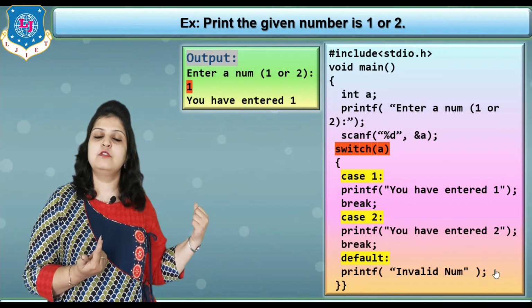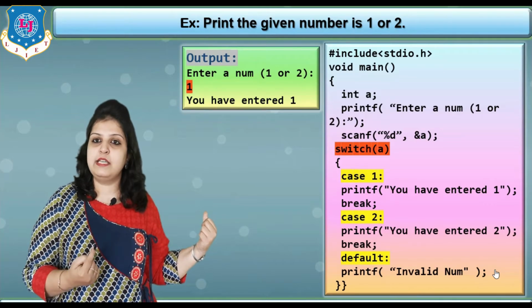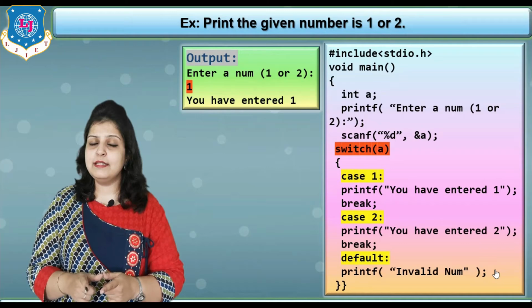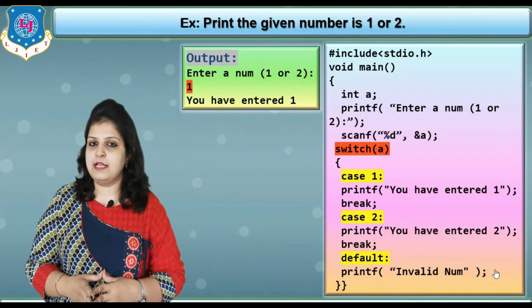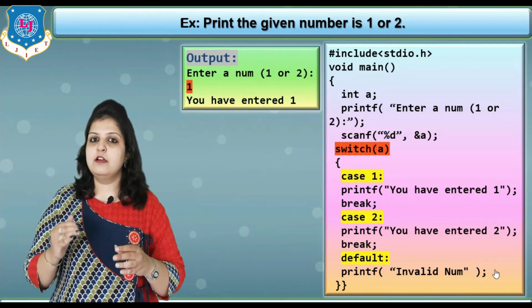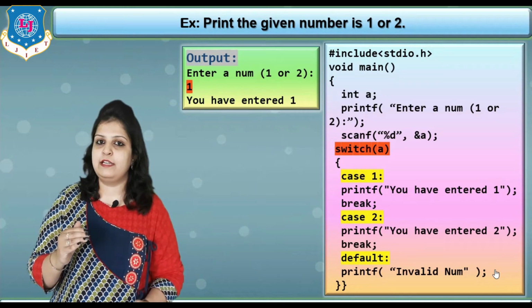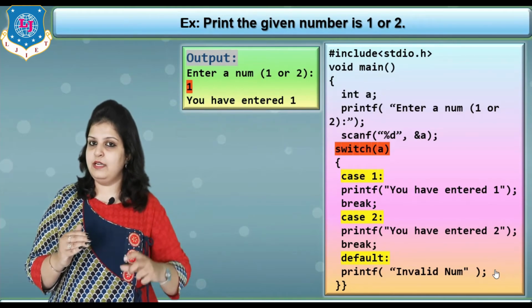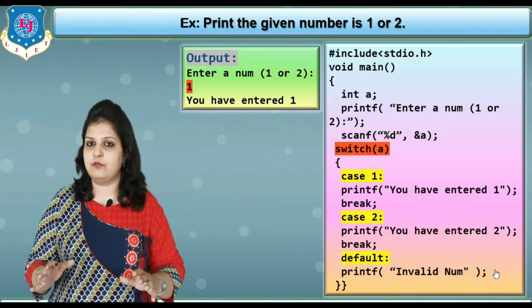So the statement associated with case 1 will execute, and "you have entered 1" is our output. Then break will be executed, meaning our control goes to the next statement because switch execution will be stopped, and case 2 and the default case will not execute.